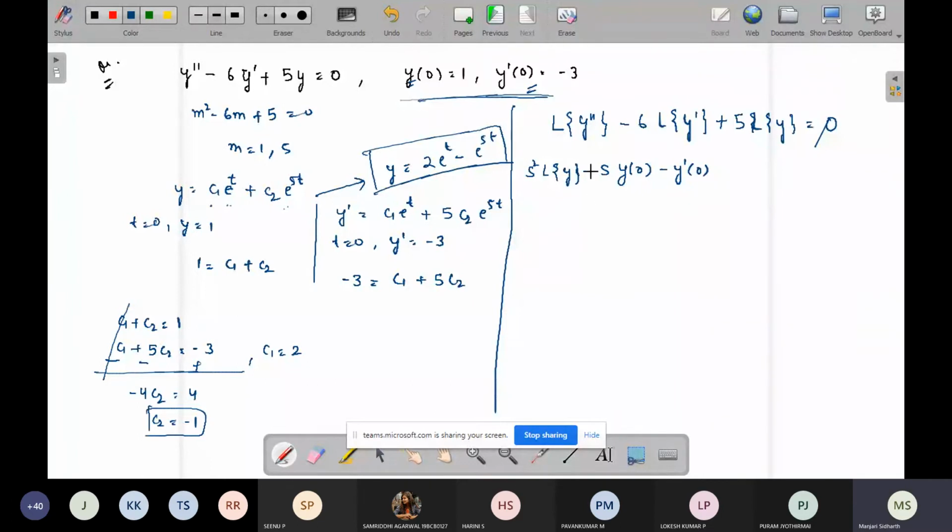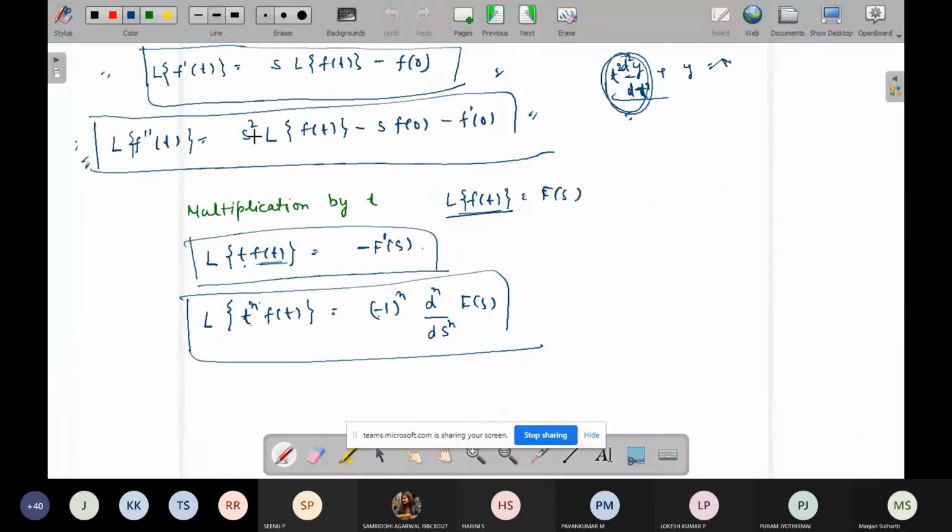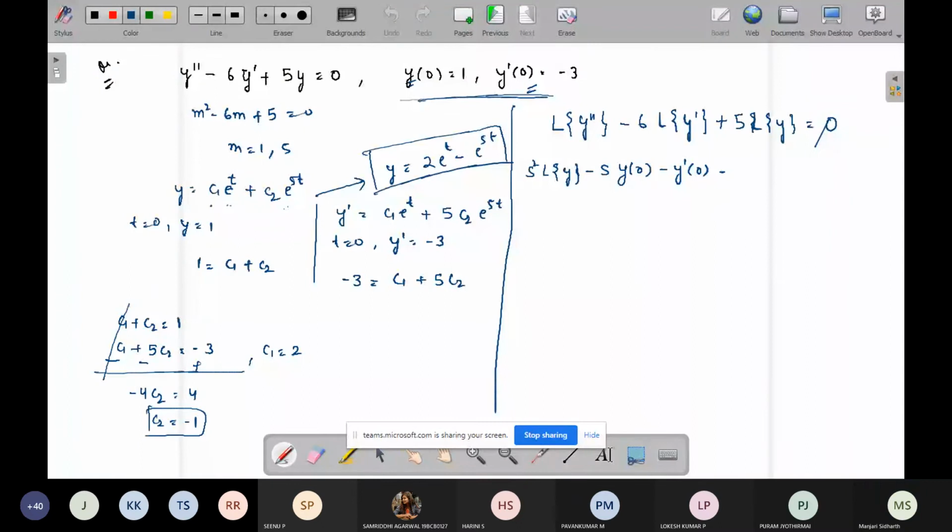This you need to remember, in every question we are going to use it. If you want, you can check this: s square, s f at 0, f dash 0. Then s, Laplace transformation of y, minus f0.